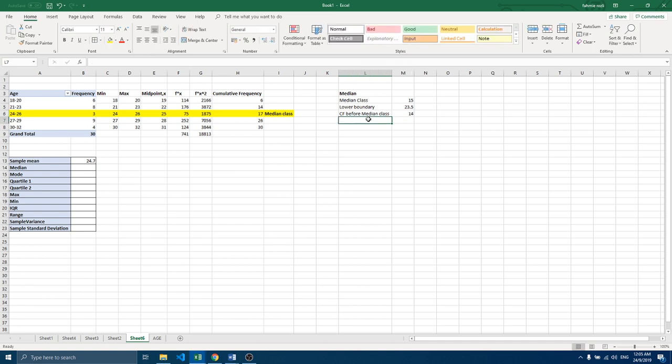And then you have to identify your W, which is the width for each class. So from 24 until 26, it includes 24, 25, and 26, which is equal to 3.